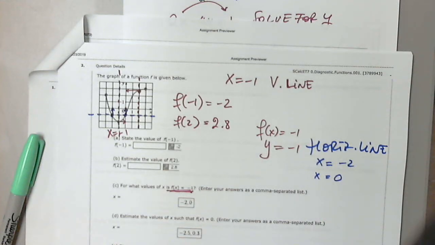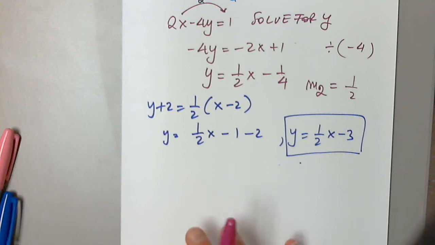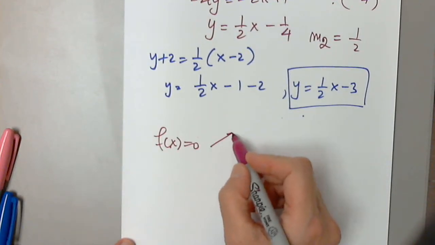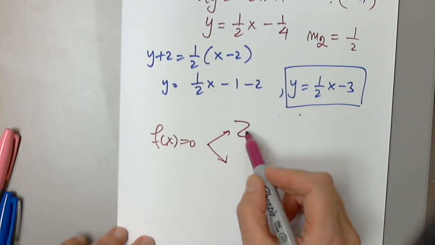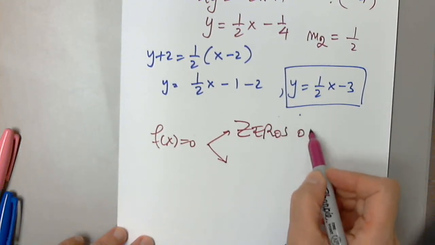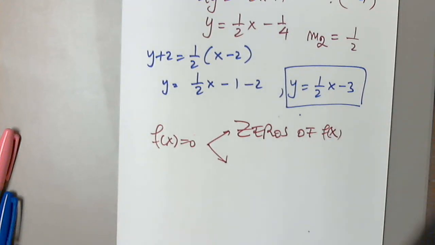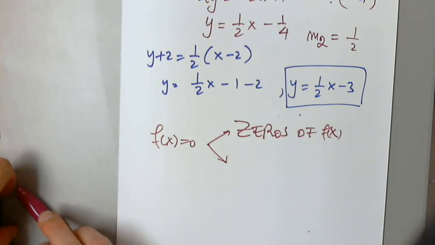Perfect. Estimate the values of x such that f of x is 0. So what are we asked to determine now when we are told f of x is 0? At least 2 options that you should keep in mind. The zeros of f of x. So when we are solving the equation f of x equals 0, we are finding the zeros of f of x.